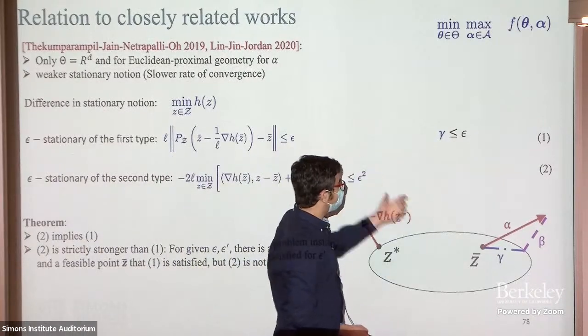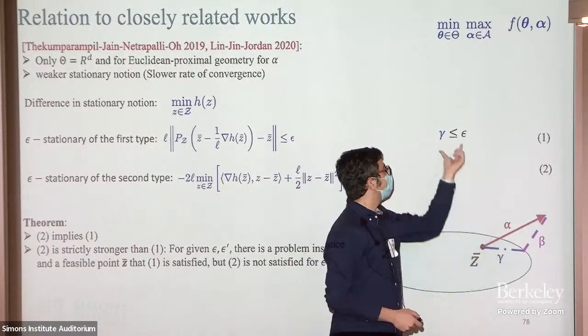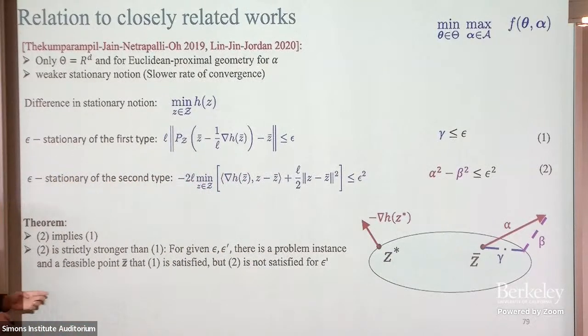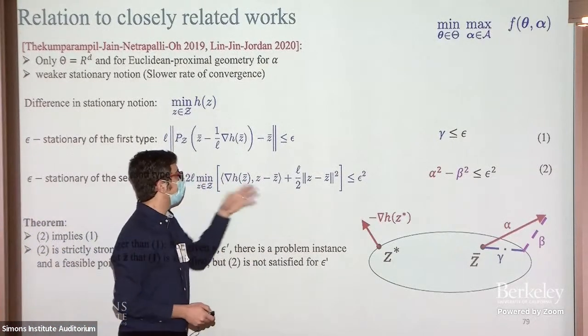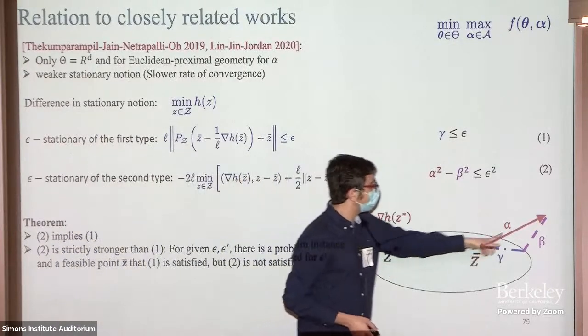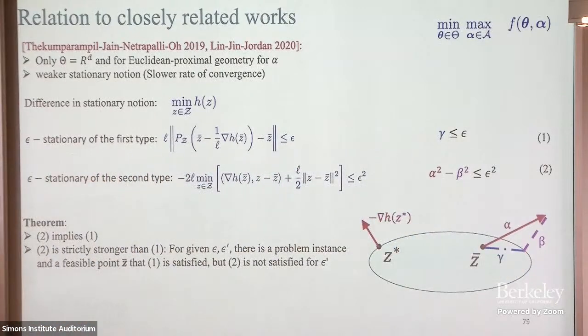This stationary notion says that we are epsilon stationary if the length of gamma is less than or equal to epsilon. The second one, if you simplify it and work out the geometry, says that alpha squared minus beta squared is less than or equal to epsilon squared. This is the second stationary notion. The proof of this theorem is very simple.